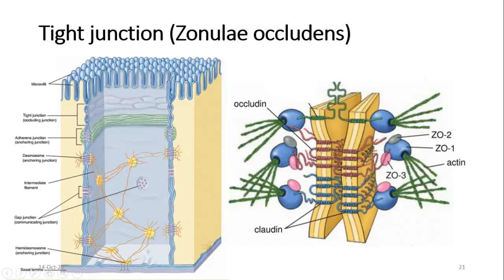The ZO proteins finally connect with actin filaments. So the tight junction is composed of occludin, claudin, and ZO proteins, and the ZO proteins on the cytoplasmic side bind the actin filaments. This is the actin.